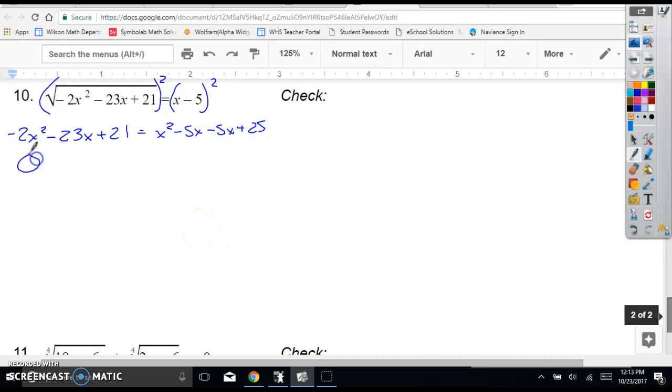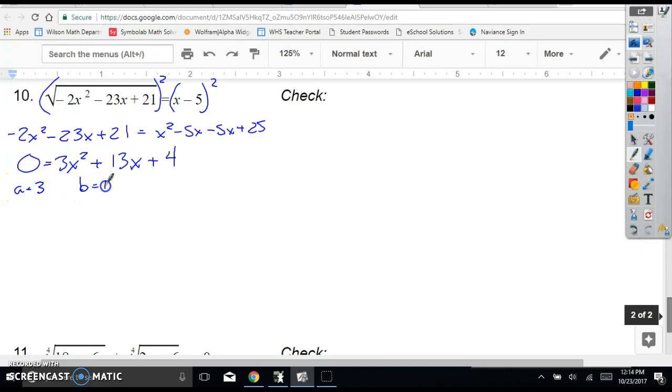So what I'm going to have here is I'm going to add 2x squared over. That's going to give me 3x squared. This is negative 10x plus 23x. So 23x minus 10x is 13x. I'm going to subtract 21 from 25 to get positive 4. So at this point, I'm not sure if I can factor this, so I would say the safest bet is to go to quadratic formula.